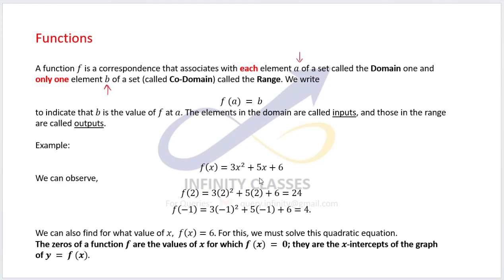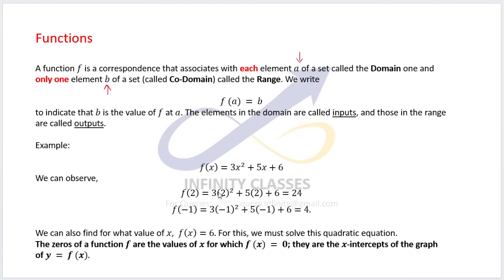I have already given the examples. We can also observe one very important thing. This is something you have already done in your earlier classes, but just for the sake of completion, if you substitute in this function f of x, which is 3x square plus 5x plus 6, and you want to find f of 2, which is x equal to 2, just replace x with 2 everywhere the way it is given.